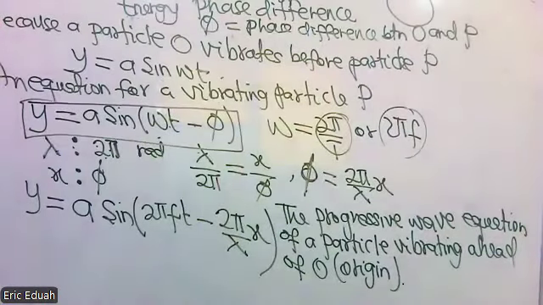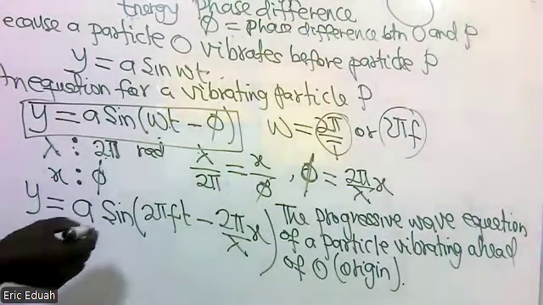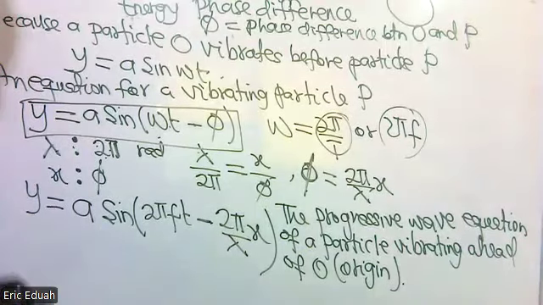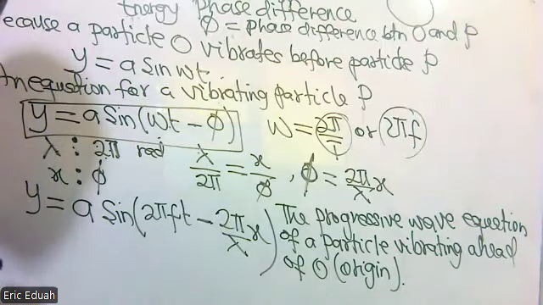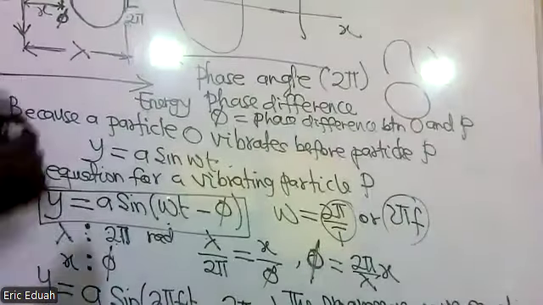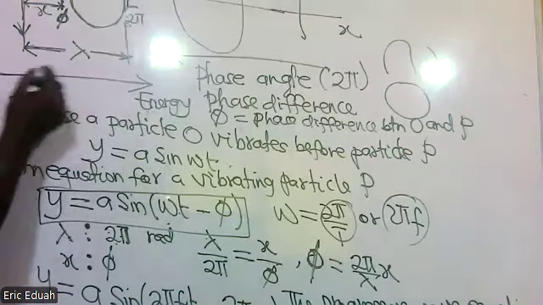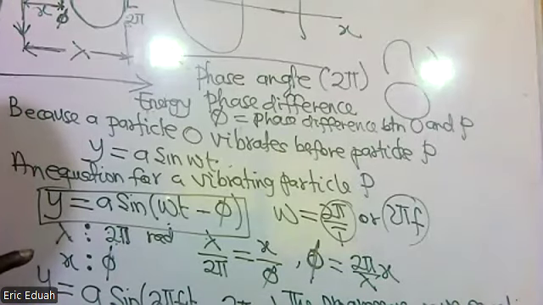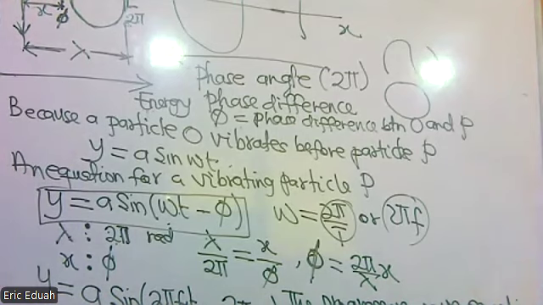Or the other side is that when you see a minus, then it means that the wave is moving from left to right. This is what I indicated earlier. The minus means that the wave is moving from left to right, or it is moving towards the positive x axis.